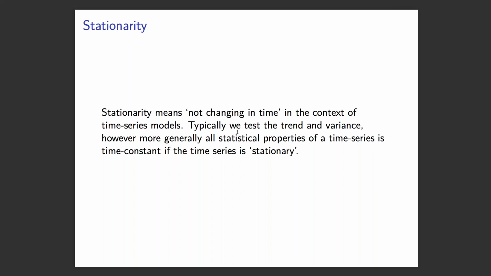In terms of the tests we're going to do, typically stationarity is going to mean 2 things. One is we look for trends, just like a linear trend up or down or an exponential trend. And the other is we're going to look for evidence that the data appear to be a random walk.